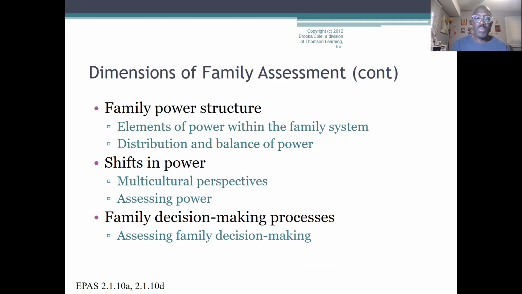In some single parent families, I've got only one parent. If I'm a single-headed household and I'm a mom, then I'm taking on the role of mom and dad, and parenting kids alone has different implications for how power is shared. Or I might have an older kid who is able to be responsible to help take care of the younger sibling. That might be a way to share power.